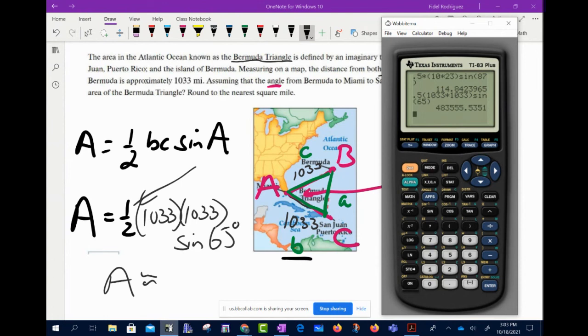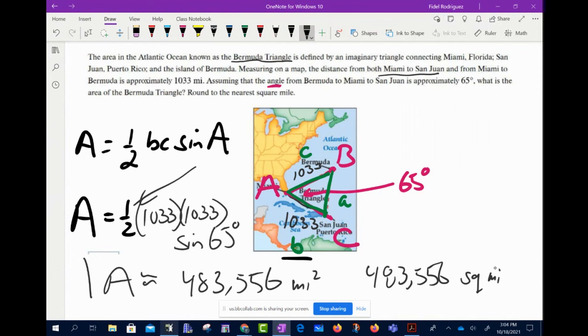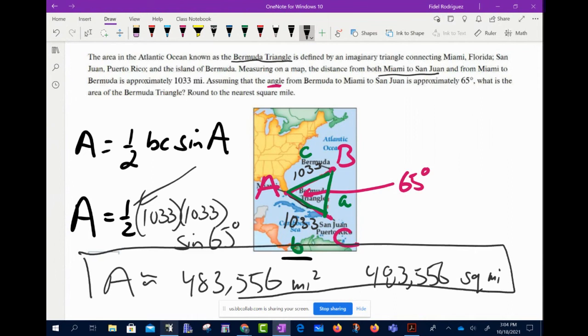And I'm going to hit enter. And here is my answer. And it says round to the nearest square mile. So I'm going to round to the nearest whole number. So 483,556. And then again, y'all, either like that or it'll be 483,556 square miles, right? Both of these mean the exact same thing.